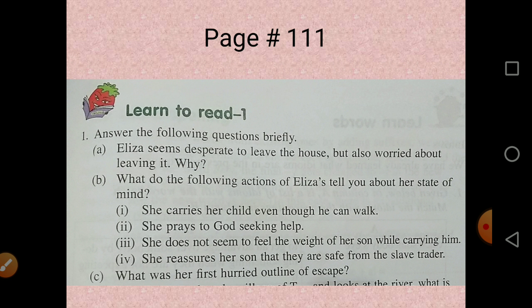Then, number 4, she reassures her son that they are safe from the slave traders. Why did she do that? What was her mind saying? What was the state of her mind? Yes, she does not want her child, her son, to worry.